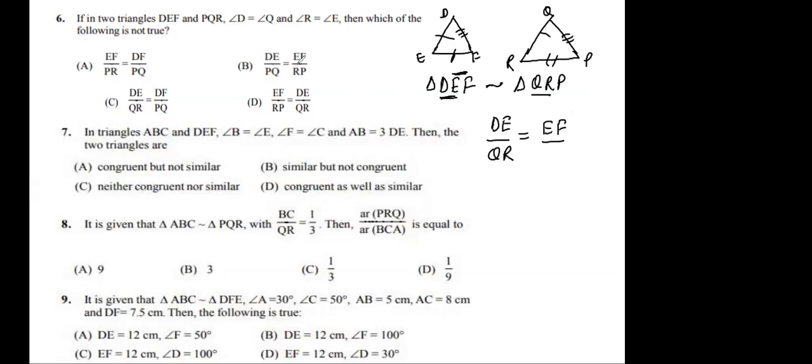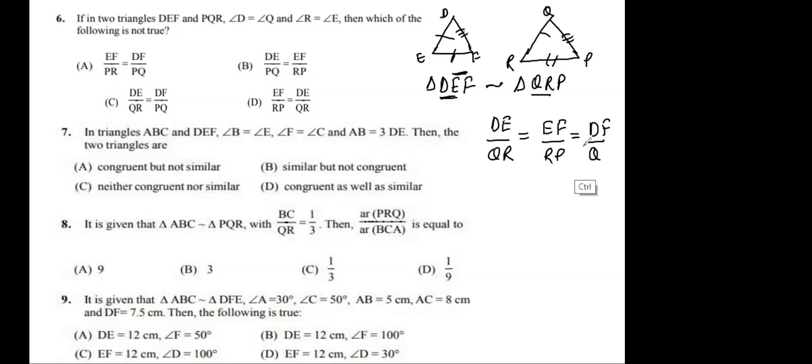Here we have EF upon RP, and EF upon PR. In the next case, we can also write DF upon QP.